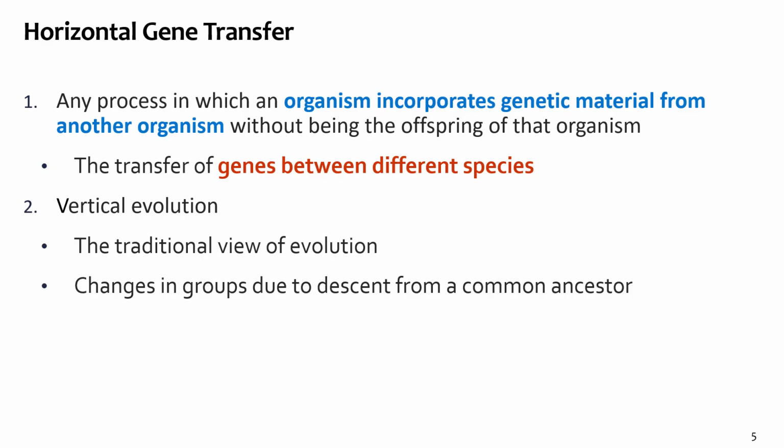So we have gene transfer between organisms or between species that are unrelated to one another. So horizontal gene transfer is any process where an organism gains genetic material from another one without being the offspring. So parental inheritance is vertical evolution, horizontal is across species. I'll show you an example in just a minute.